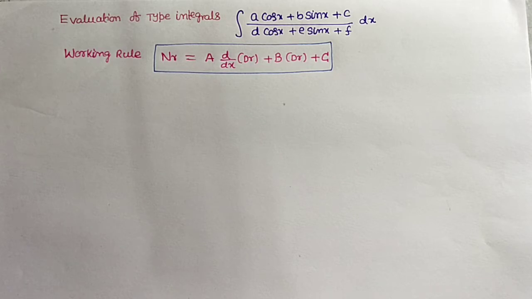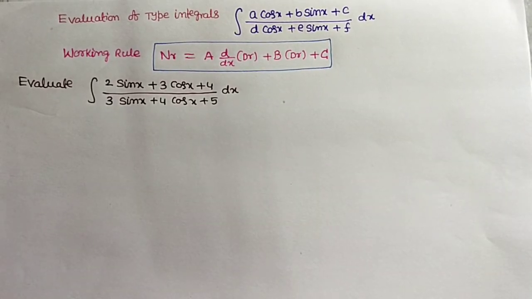By applying that working rule, the numerator a cos x plus b sin x plus c equals A into d by dx of the denominator (d cos x plus e sin x plus f), plus B into the denominator (d cos x plus e sin x plus f), plus C. By taking one example, I will explain how to apply this working rule.